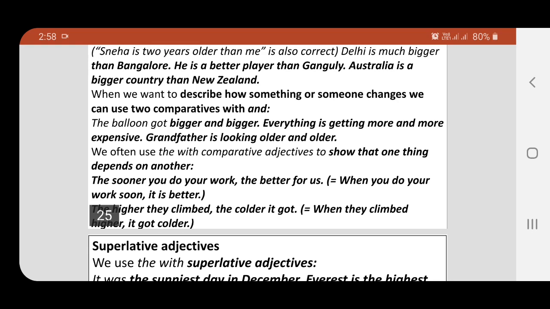It is almost equal to saying, when you do your work soon, it is better. So the sooner you do your work, sooner, that is a comparative adjective. You are doing it quickly, at a faster rate. So when you do your work soon, it is better. Sooner.